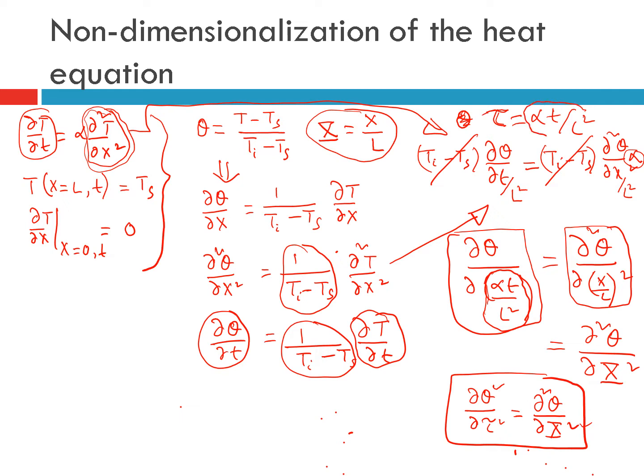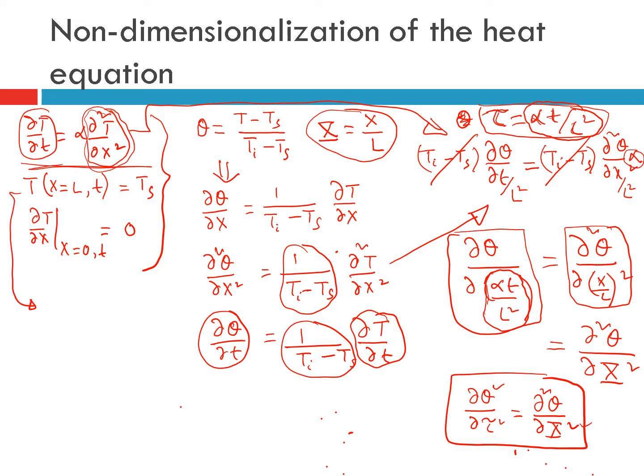Notice the non-dimensional time has the regular time, L square and alpha. We're going to see that this quantity alpha t over L square shows up quite often. And so that was the governing equation. How about the boundary condition?